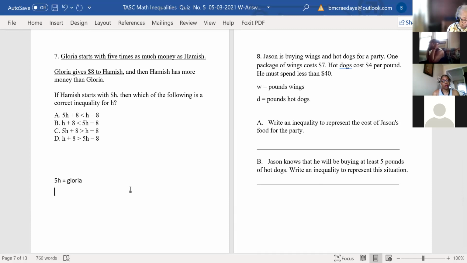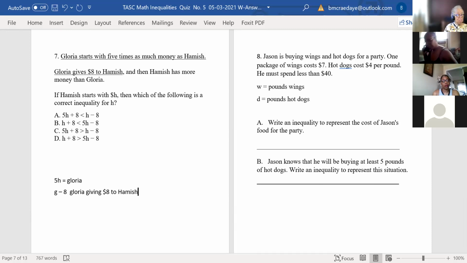So it would be Gloria minus 8. Okay, let's just put a little G. I'm using this for G. So this represents Gloria giving $8 to Hamish.